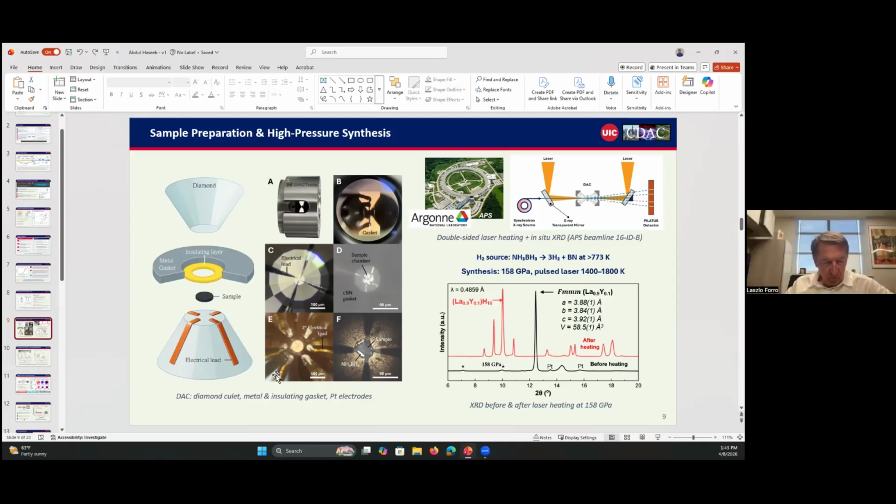There are multiple studies on how ammonia borane dissociates into hydrogen in three steps. Temperature can drive it, and a little bit of pressure also can drive it. From experience, if we keep the ammonia borane below 60 GPa, it starts making the LaH3 phases with the lanthanum. So after loading, we immediately go past 50 GPa to avoid the formation of the lower hydrides. Okay. That's how we jump that.